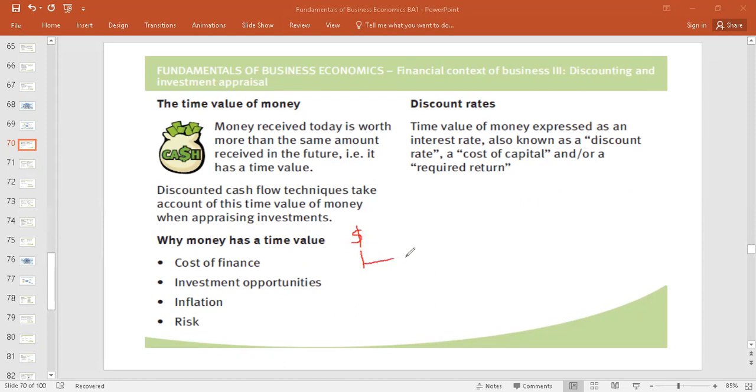As the time passes by, the value of this currency keeps decreasing. So to receive anything today is far more worthy than receiving it at a future date. That's the discounting principle of economics. Money received today is worth more than the same amount received in the future. It has a time value.